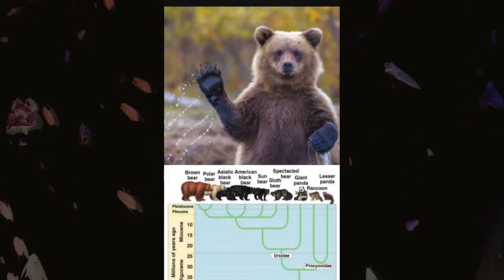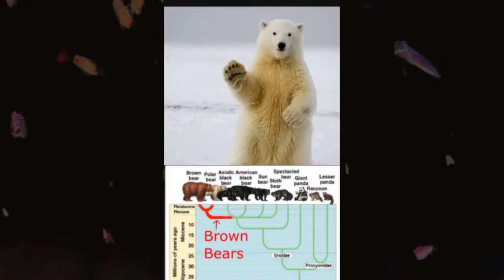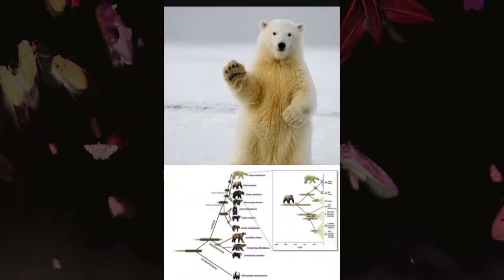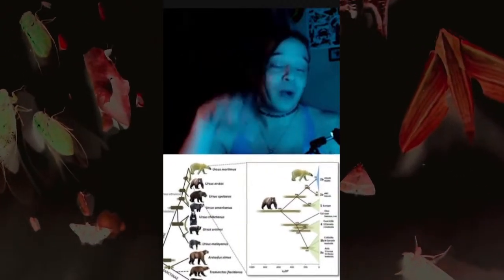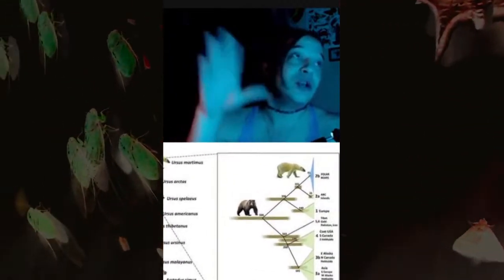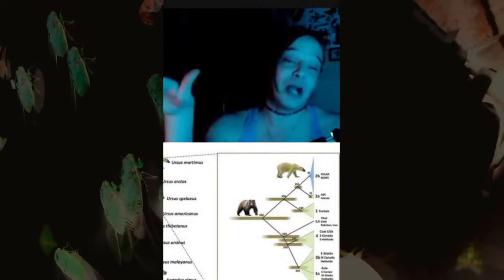A cool thing about bears too is that the brown bears, under the umbrella of brown bears, is actually the polar bears. They're grouped within that clade because there are clades of brown bears that are closer related to polar bears than they are to other brown bears.